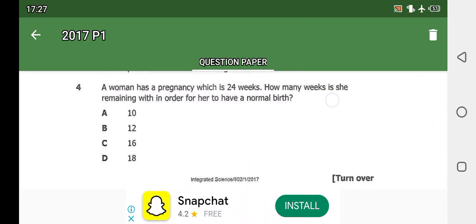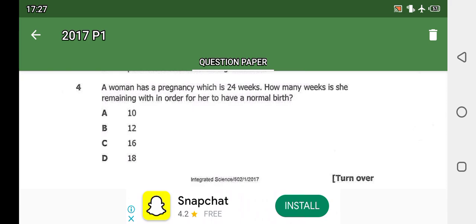So question 4: a woman has a pregnancy which is 24 weeks. How many weeks remain for her to have a normal birth? We have got 10, 12, 16, and 18. Before answering, we have to understand what gestation period means.